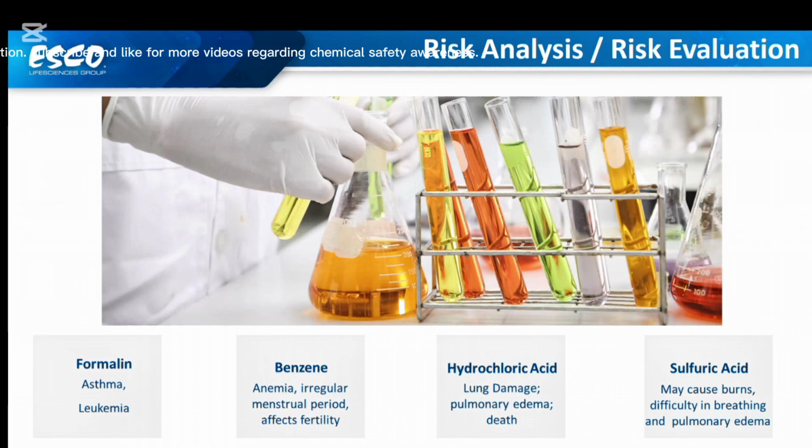We have benzene, which can cause anemia, irregular menstrual periods, and affect fertility. Then hydrochloric acid can cause lung damage, pulmonary edema, or death. Sulfuric acid may cause burns, difficulty in breathing, and pulmonary edema.